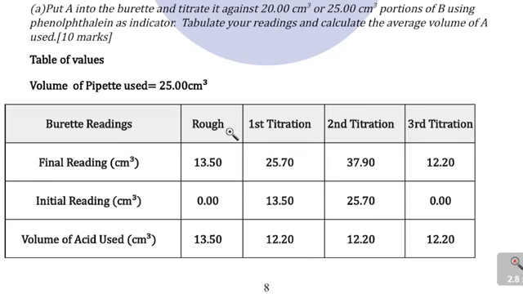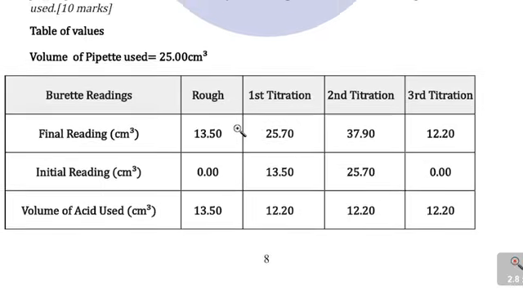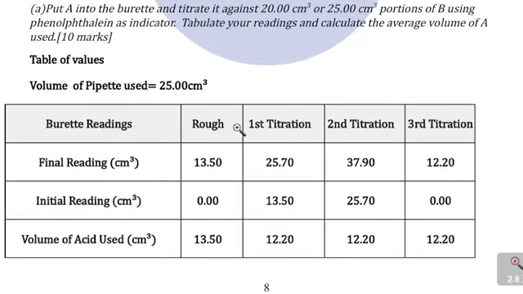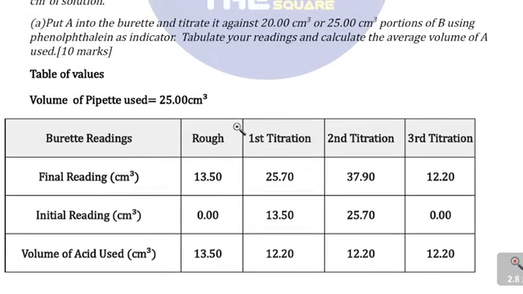And your Titer values for the computation of your average volume of acid used must be concordant, and the range of difference between the Titer values, the volume of acid used, must not be more than plus or minus 0.20.